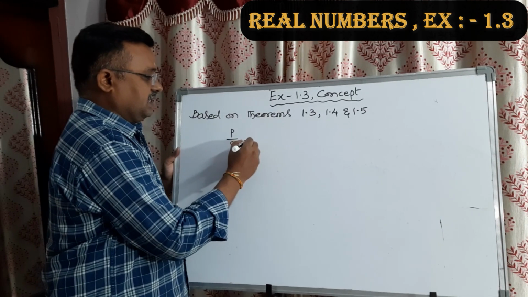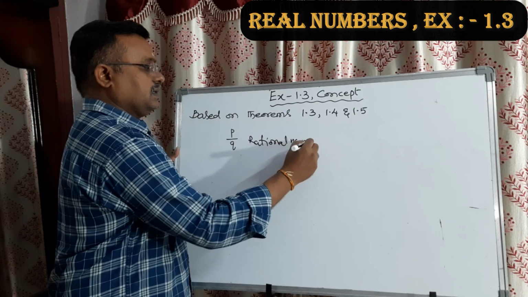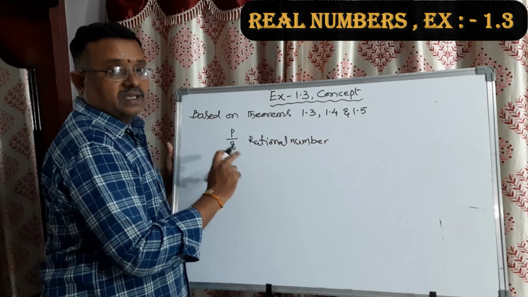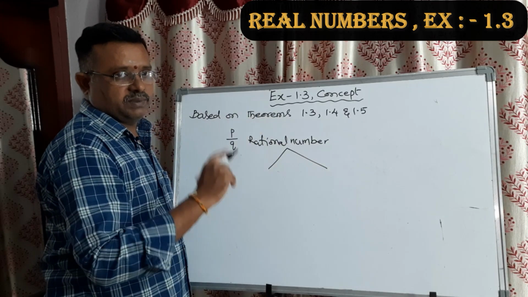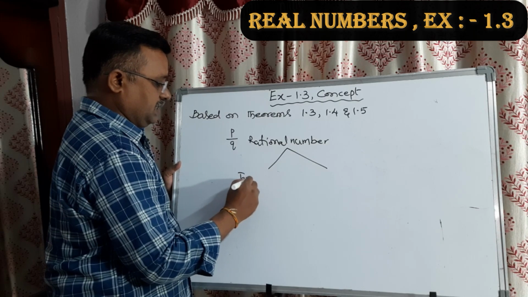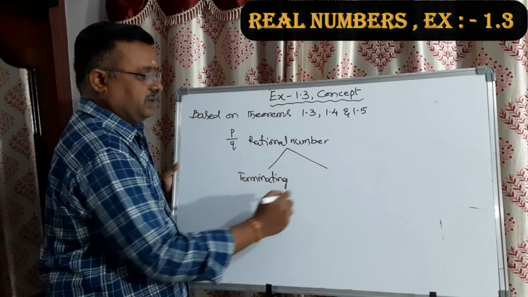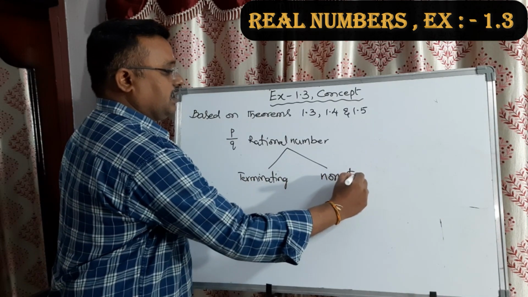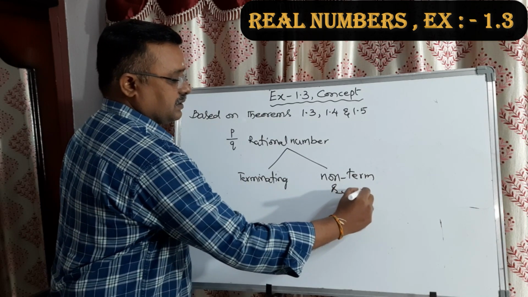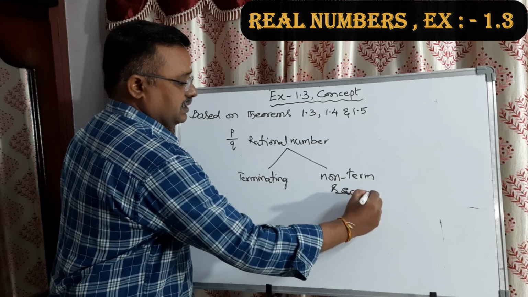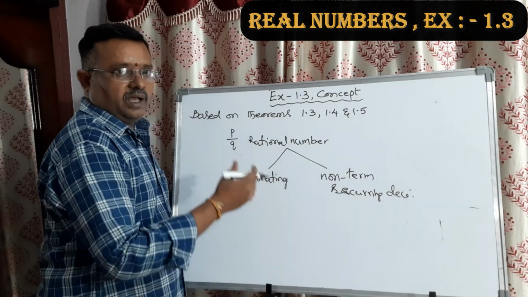But that rational number can be expressed in two different decimal forms. One is terminating decimal form, another one is non-terminating recurring decimal. How?